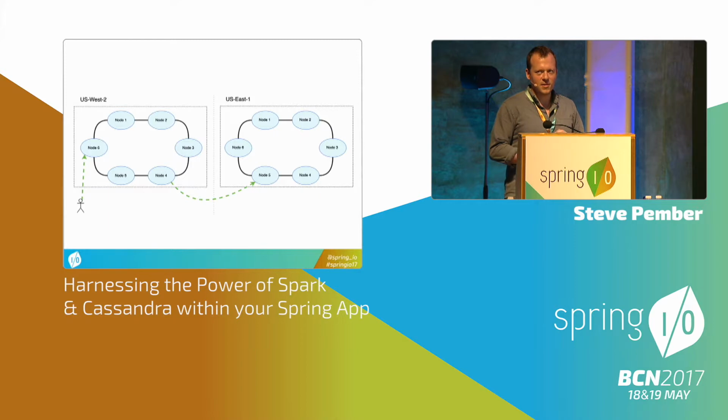And this is, I think, the biggest reason why people choose to use Cassandra: it's very, very easy, if I'm a user in US West 2, to have my data eventually be streamed to US East 1. And when I say eventually, we're talking fractions of a second here. But this is extremely easy to set up and configure, and very reliable.